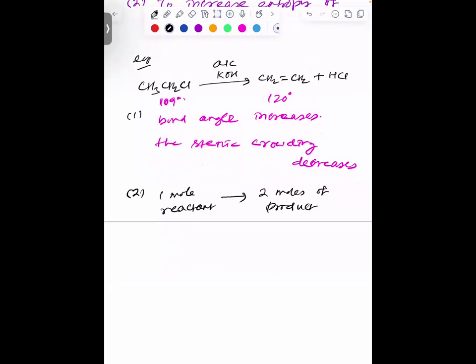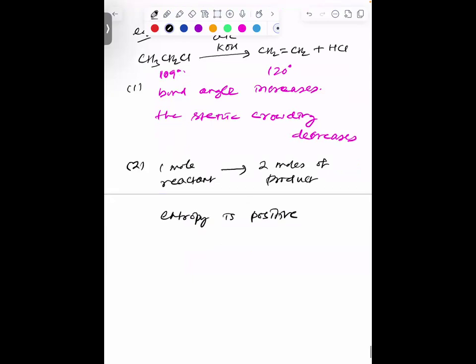So now the number of moles increases. Since the number of moles increases, then what will happen? Entropy is positive. Number of moles increase, entropy positive.